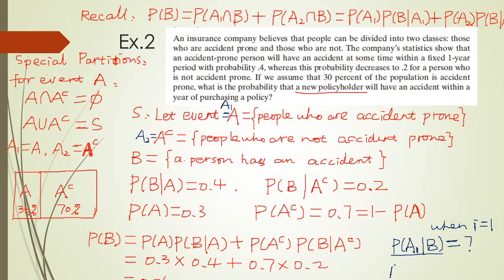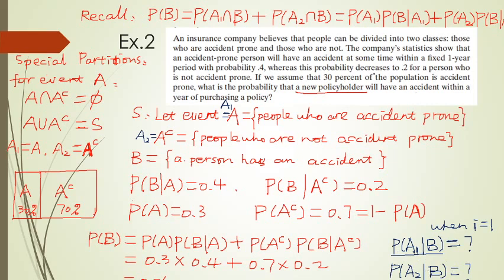Or, if a new policyholder had an accident, what is the probability this person is not accident prone? That is the question we are usually interested in.